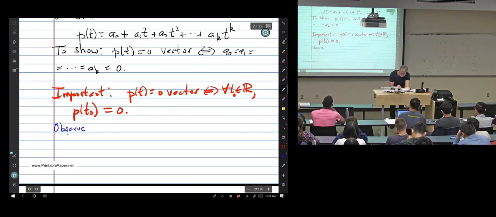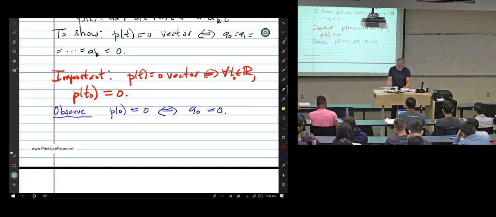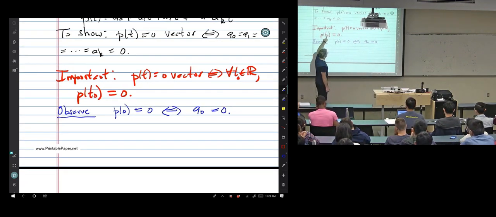P at 0 equals 0 if and only if A0 equals 0. Okay, so I didn't have to search over all possible t0s. I got this. Okay.